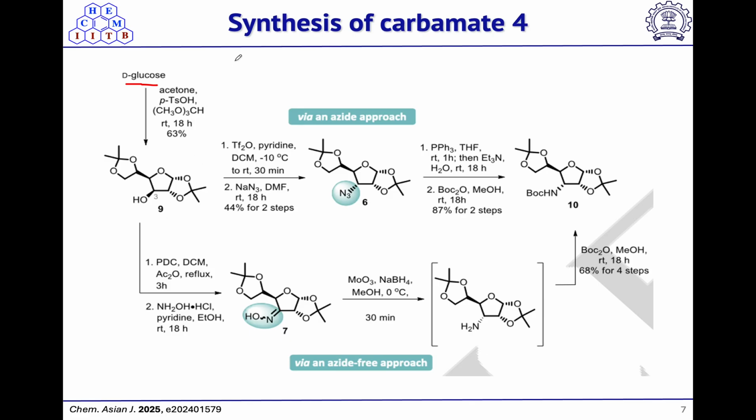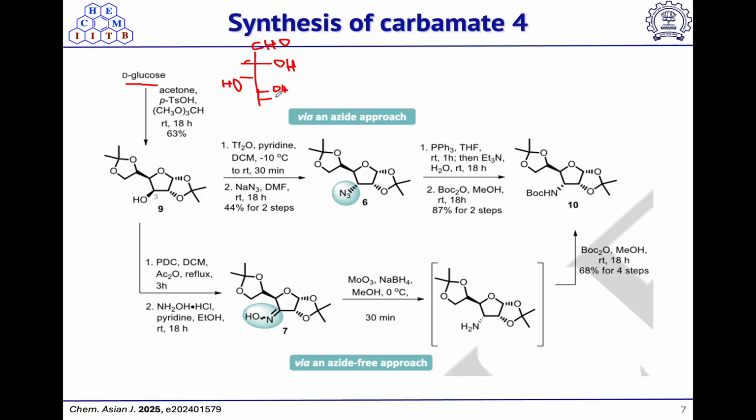What is D-glucose? So this is the D-glucose, right?